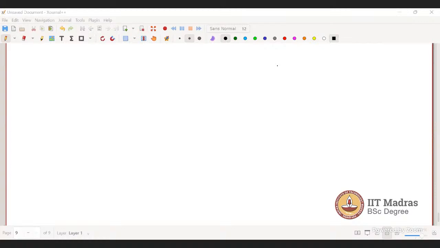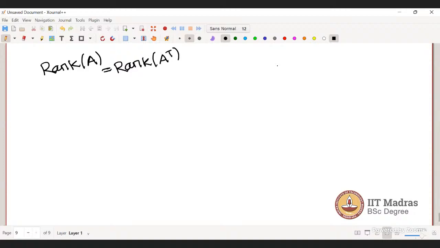You don't have to follow any order. Both will give the same result, because the rank of A is the same as the rank of A transpose. Okay, thank you, sir.